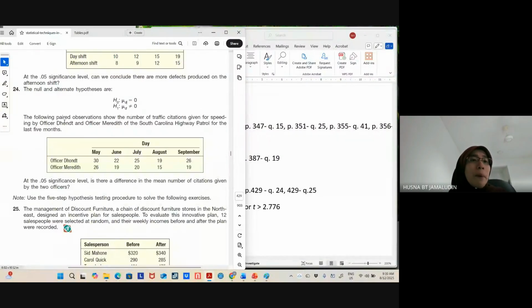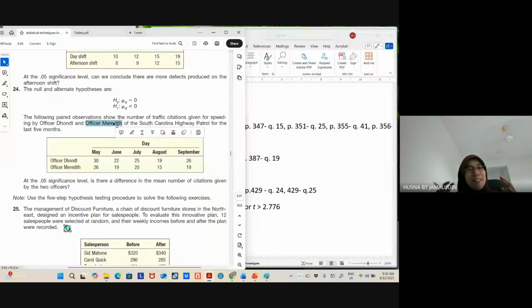The following part, observation. When you look at the word paired, paired is actually another name for dependent sample. So this should tell you that, if the first information is not given, you have another piece of information telling you this is dependent. It shows the number of traffic citations given for speeding by Officer Don and Officer Meredith.